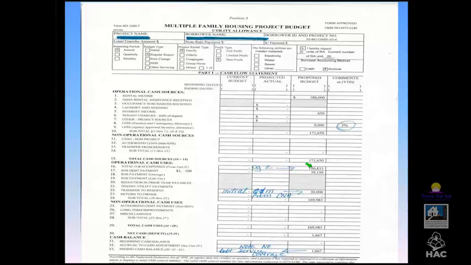That number goes forward to right here. So we've got our total rental income less any of our vacancies.